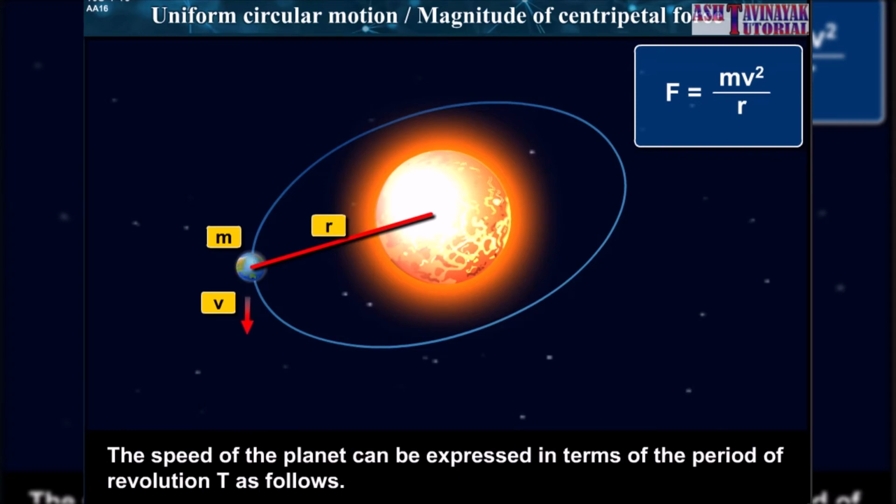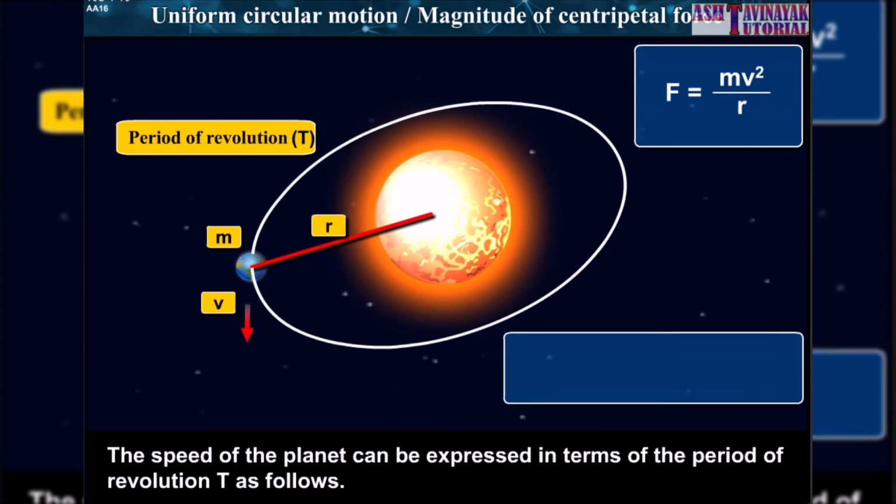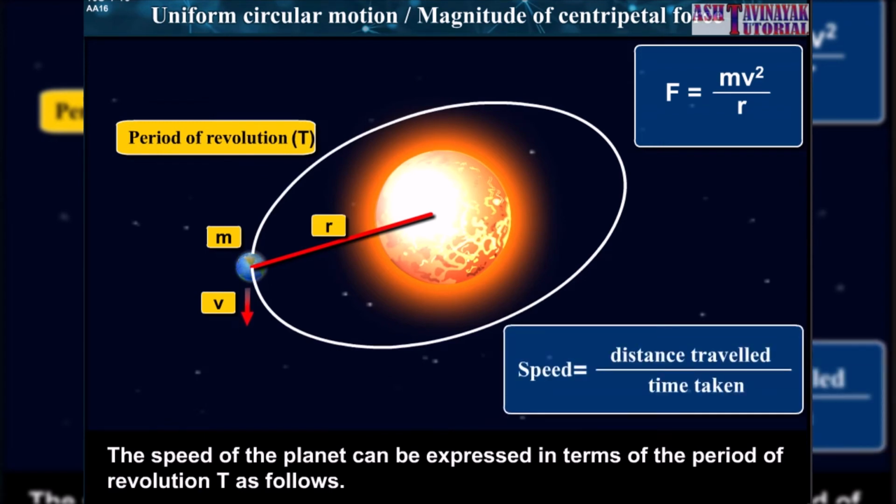The speed of the planet can be expressed in terms of the period of revolution, T, as follows. Speed is equal to distance travelled upon time taken.